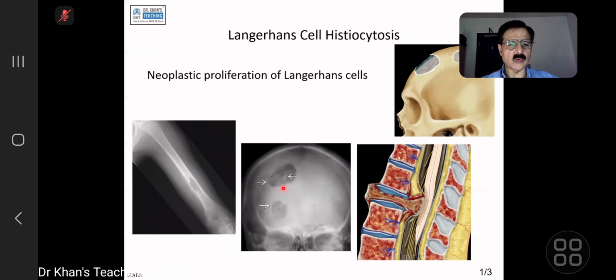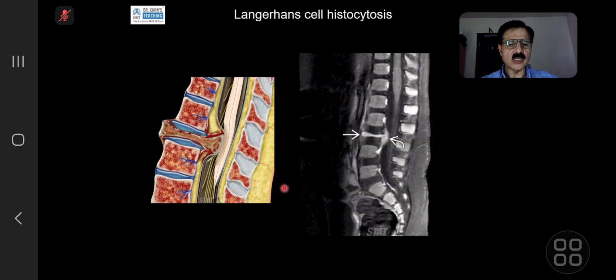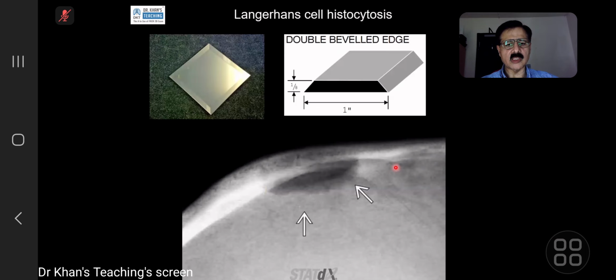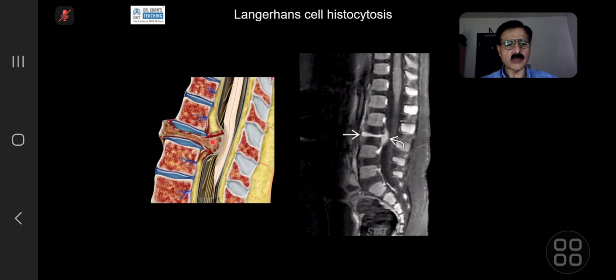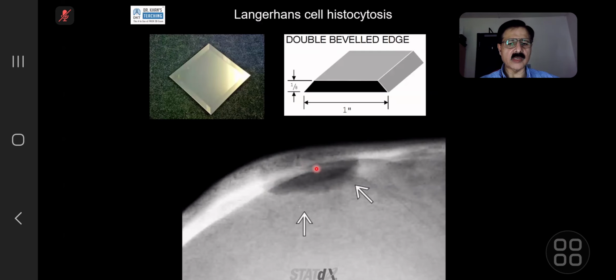So I'll now show you key points about this beveled edge appearance. One thing I want to tell you is that in CNS, in spine as well as in brain, the meninges will be involved, so there will be enhancing soft tissue with the bony abnormality. And it can cause what we call vertebra plana. Now, look at this.